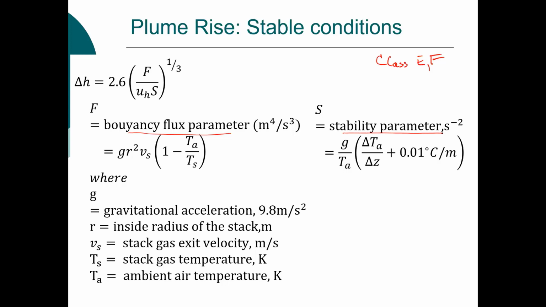Your gravitational acceleration is 9.8 meters per second squared. The radius of the stack, that's the inside radius, is in meters. Stack gas exit velocity is meters per second, and your temperatures need to be in Kelvin.